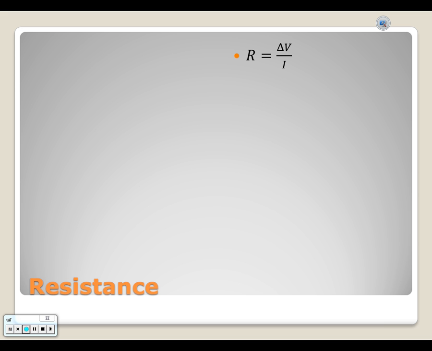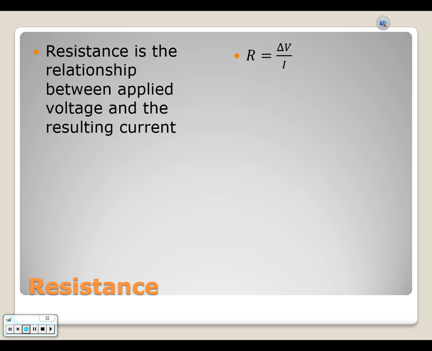So resistance is the relationship between voltage and current. Comparing how much energy those electrons gain as they go through our battery or our voltage source versus how many electrons move because of that energy gain.